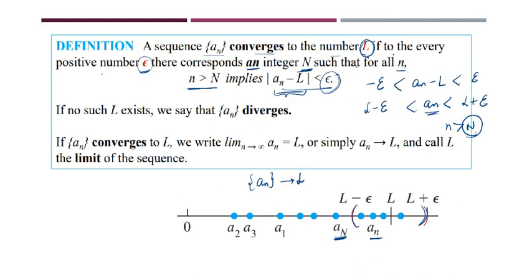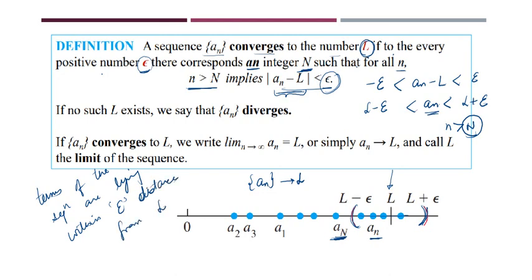So after this stage, the terms of the sequence are lying within epsilon distance from this limit L. If you are able to find such an L, we say that the sequence converges.